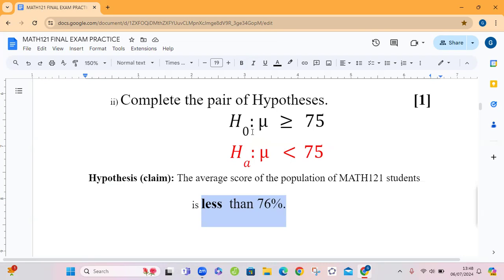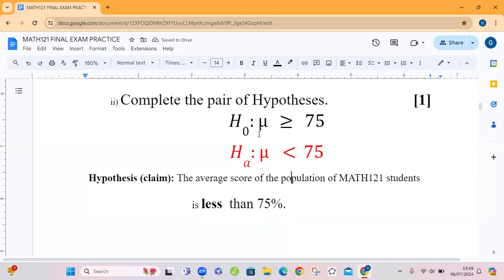So the null hypothesis now will be opposing the alternative hypothesis, and it must carry the equal sign. So the sign will be more than or equal to 75%. Well, 76 actually, not 75. Okay, we can just change this to 75. There's also a little typo.